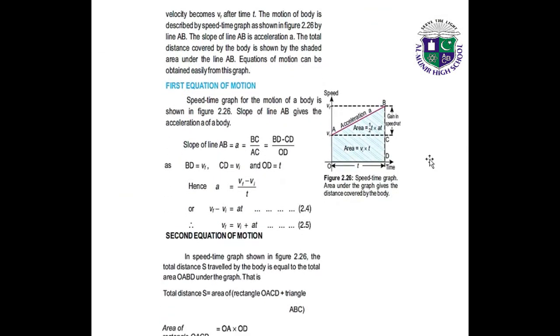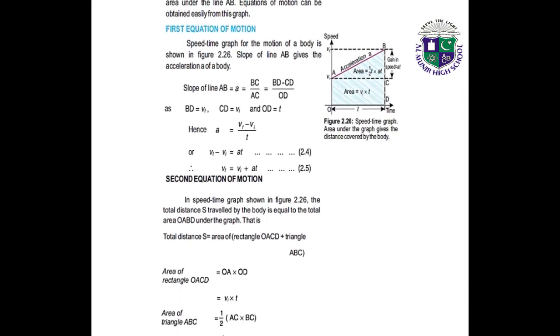After time t, the motion of the body is described by a speed time graph. So here we have the speed time graph. This is the slope of line AB, which shows the acceleration. The total distance covered by the body is shown by this shaded area under the line AB. Look at the first equation of motion. Here we have the speed time graph for the motion of a body.